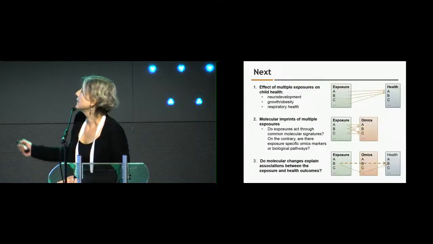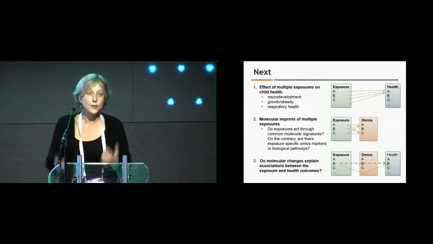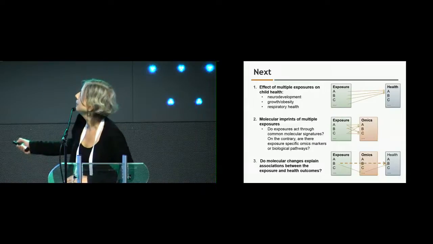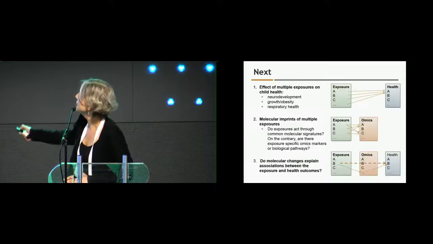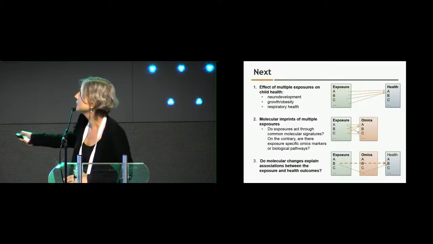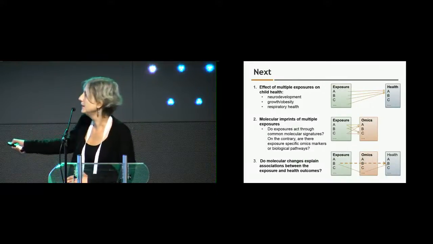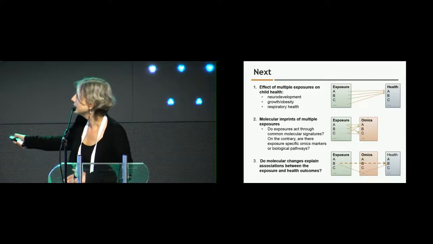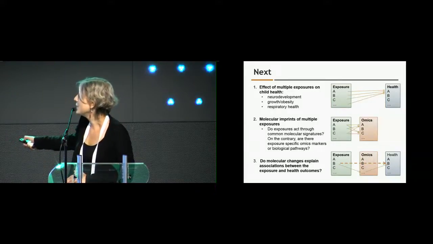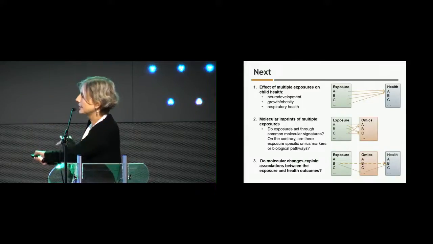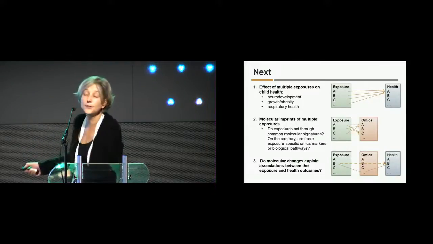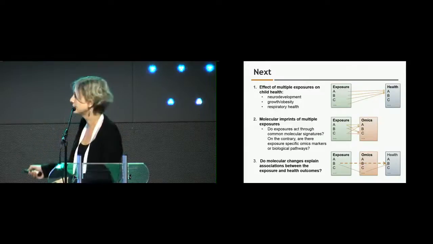And next, I would just say watch this space, because we're doing a lot of work trying to look at the effects of the multiple exposures, so the exposome, on the different health outcomes, focusing on our 3 main areas of child health. And then we're looking at what their molecular imprints are using the different omics platforms.